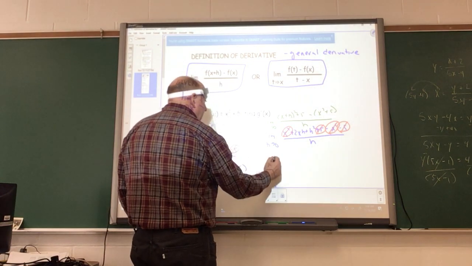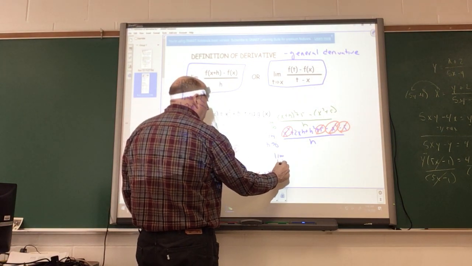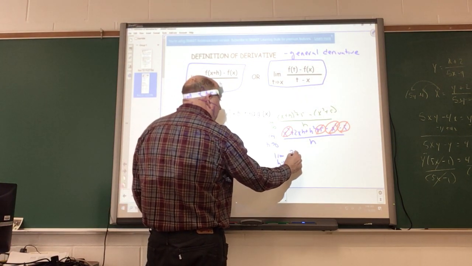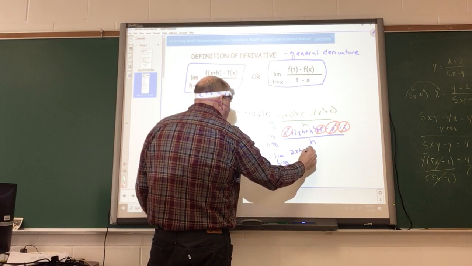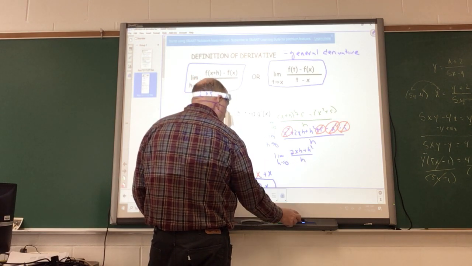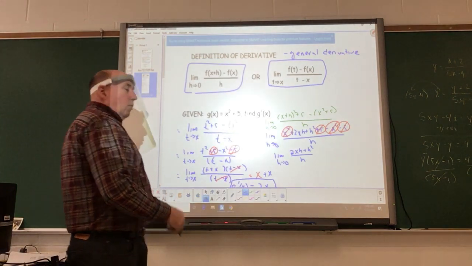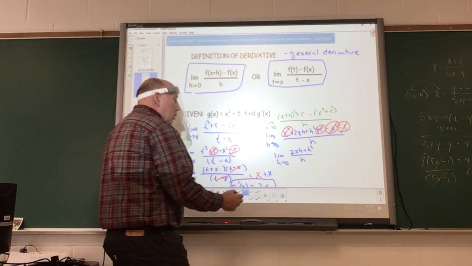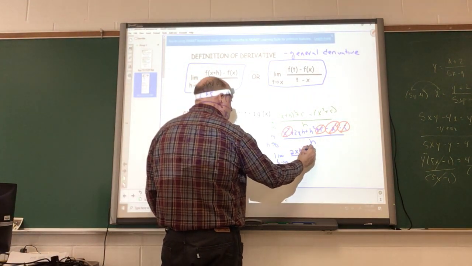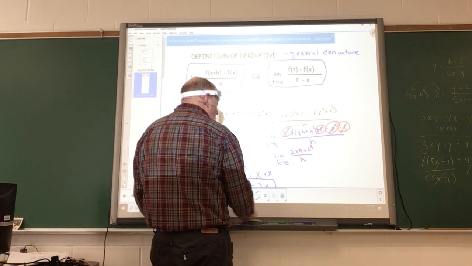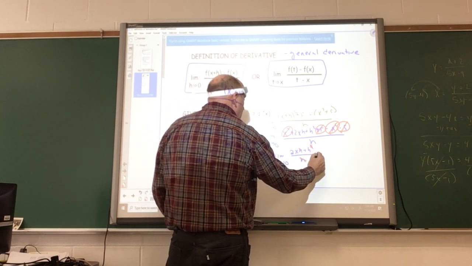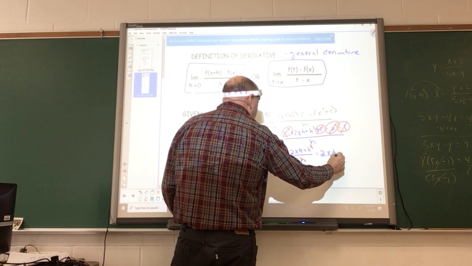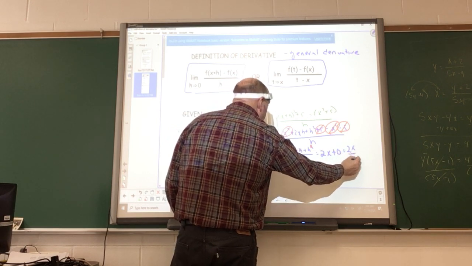So we're left with the limit as h approaches 0 of 2xh plus h squared over h. We can cancel an h out of all three terms. So we're left with 2x plus 0, or a value of 2x.